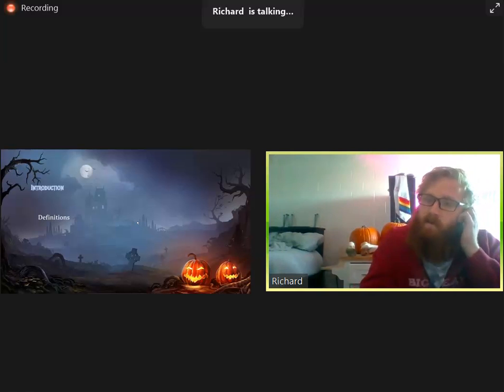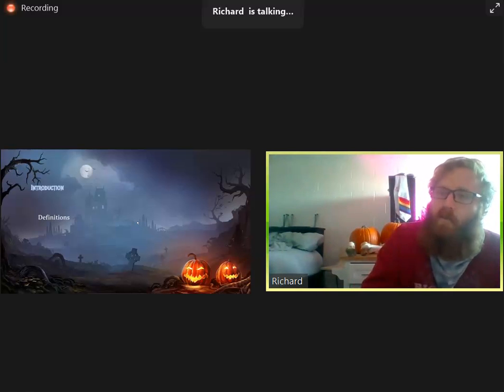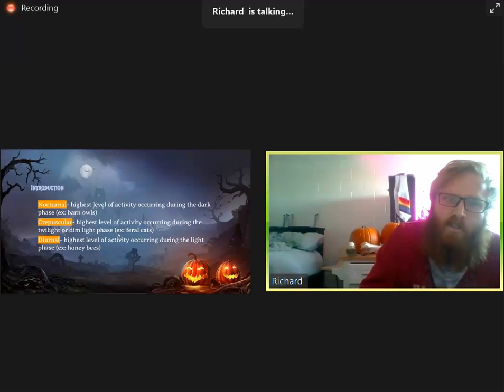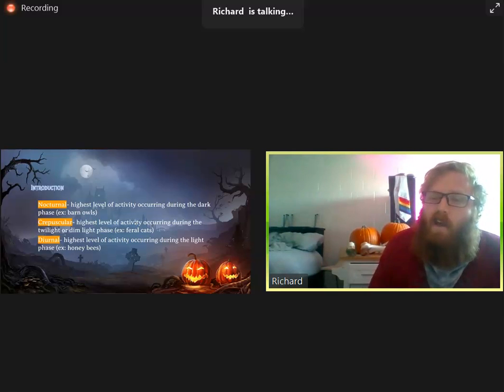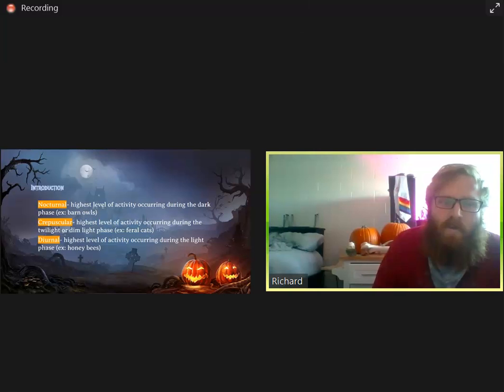Okay, so first I'm going to do the introduction. We're going to talk about some definitions, some things to give some context to this talk today. So I'm going to be talking about nocturnal organisms. These are organisms with the highest level of activity occurring in the dark phase. An example of this could be barn owls, right? They're nocturnal predators primarily.